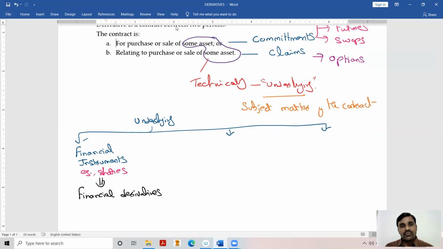A financial derivative is a derivative contract in which the subject matter is a financial instrument.